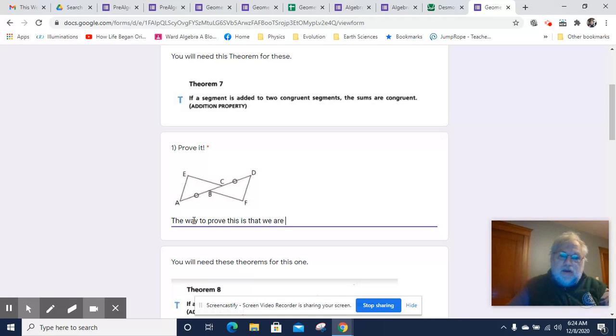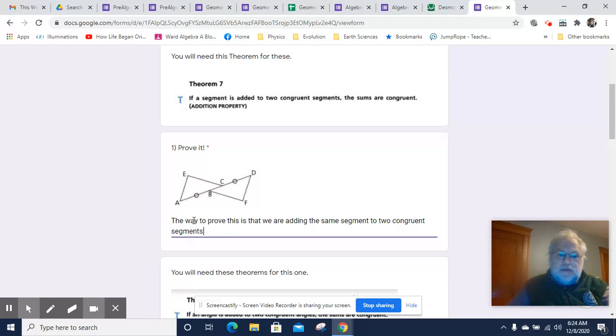is that you want to explain that we are adding the same segment to two congruent segments. So the new sums will also be congruent. Sort of like if you have x and you have x and you add 3 to x and you add 3 to x, you have x plus 3, and x plus 3 is x plus 3.